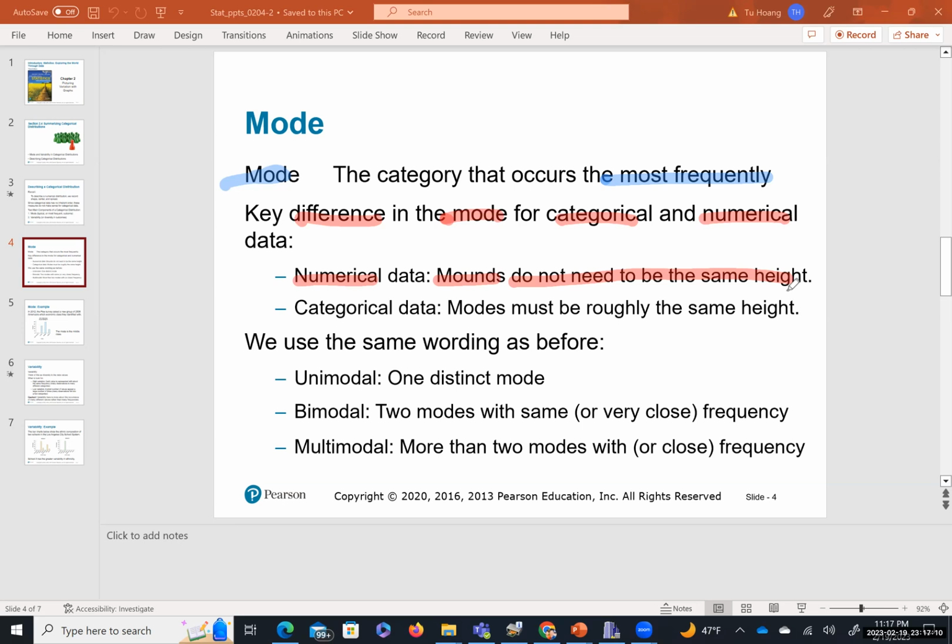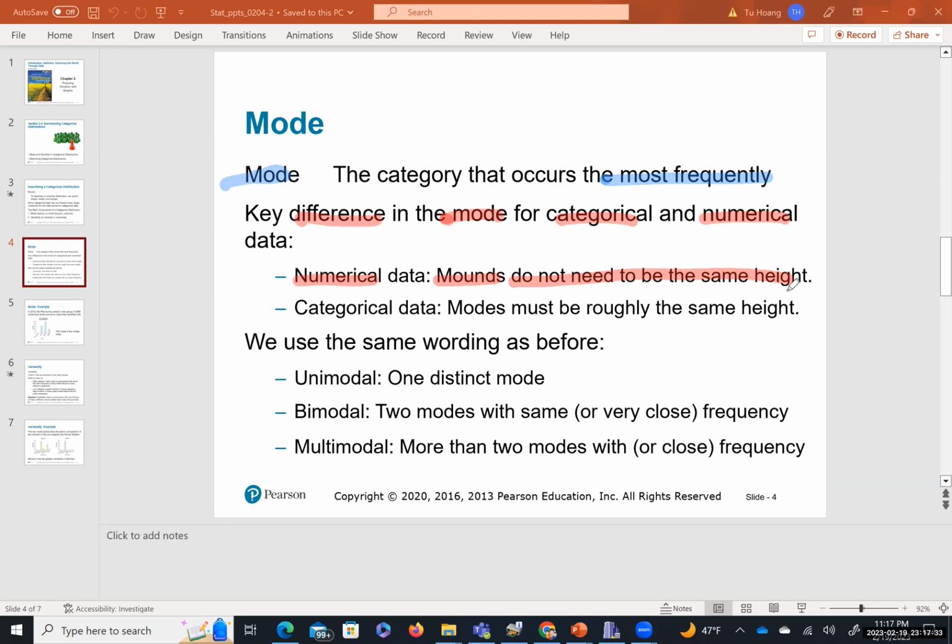In this text, we consider each mound in numerical data to be a mode. But some others don't. They just consider the mode to always be the most frequent, whether the data is numerical or categorical.